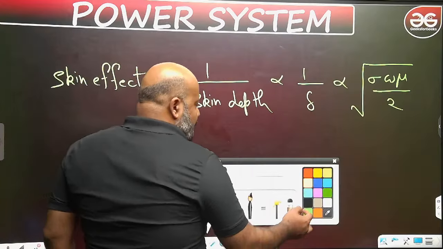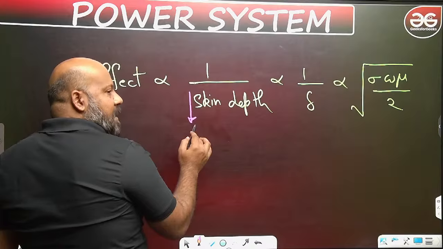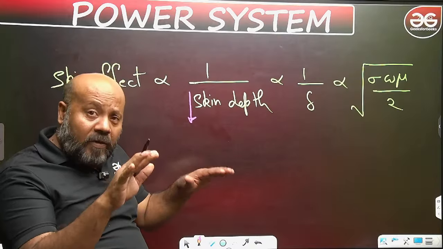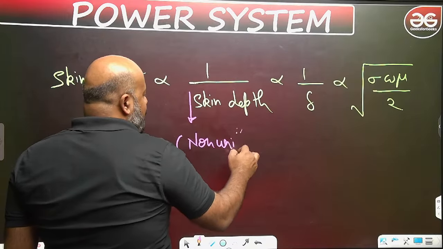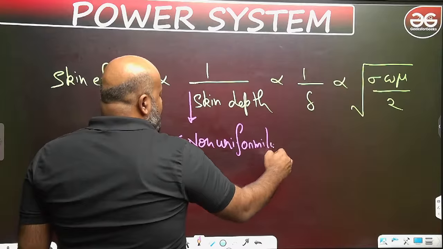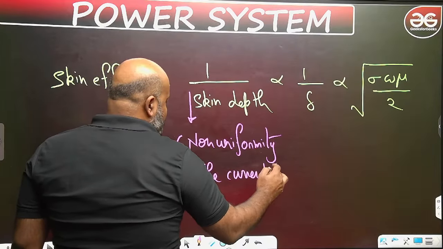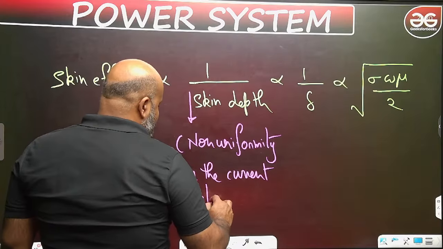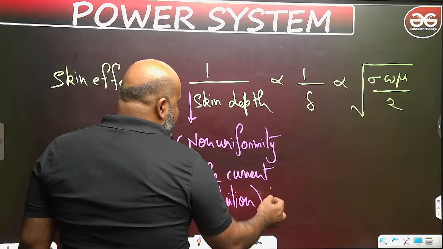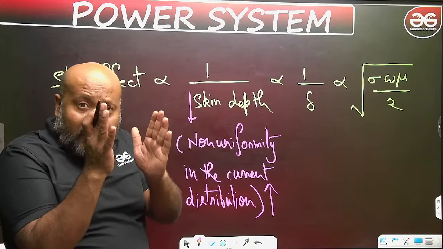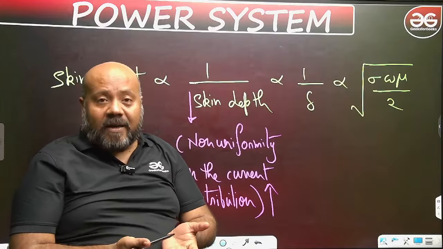It means when the skin depth is reducing, non-uniformity in the current distribution is increasing. When skin depth becomes less, current is concentrated just near the surface of the conductor.